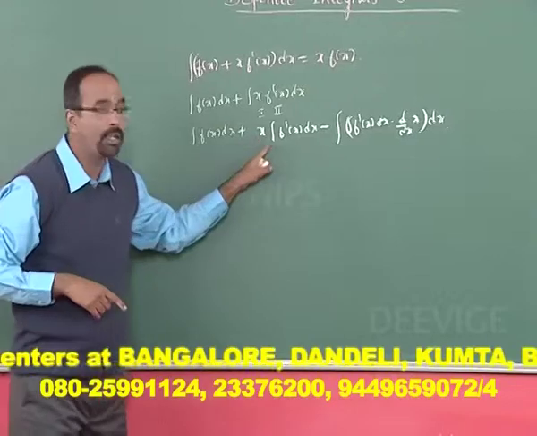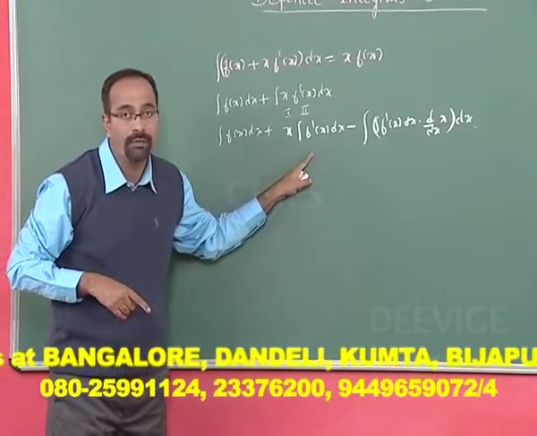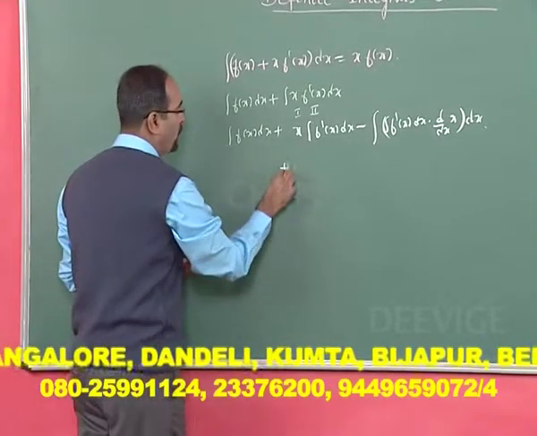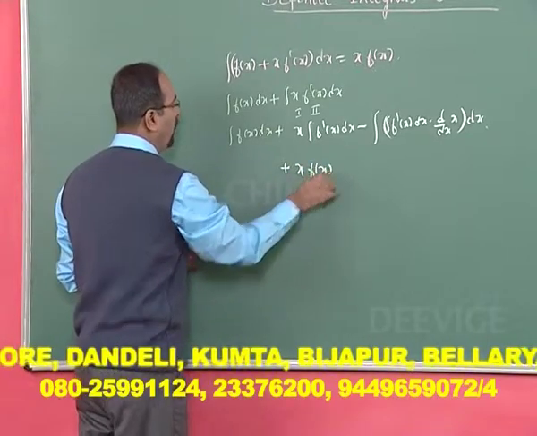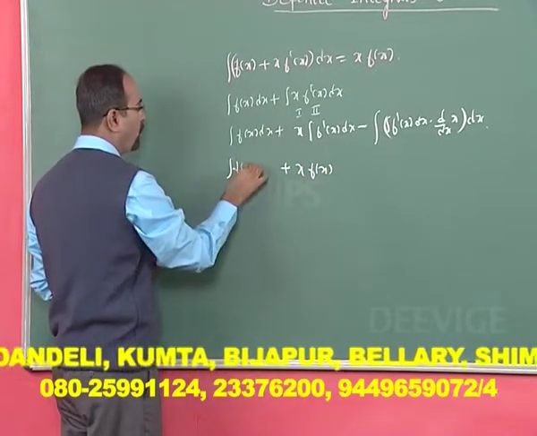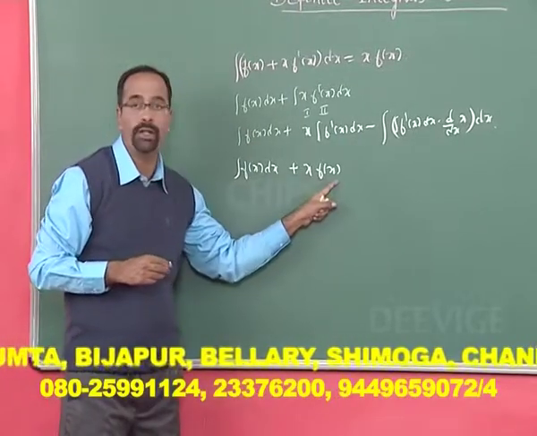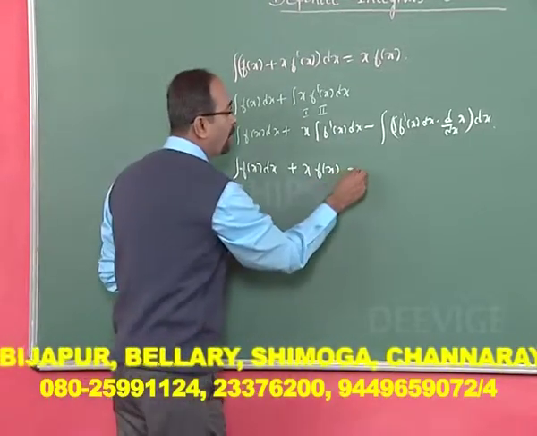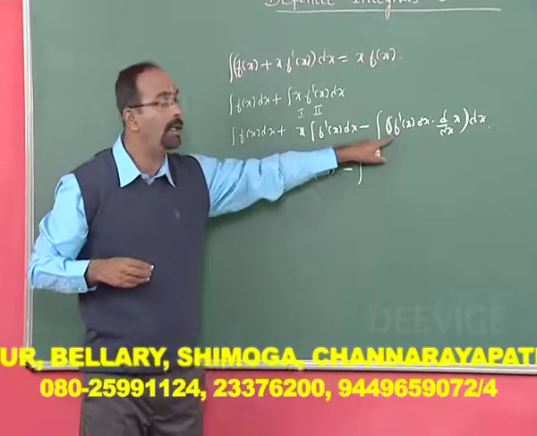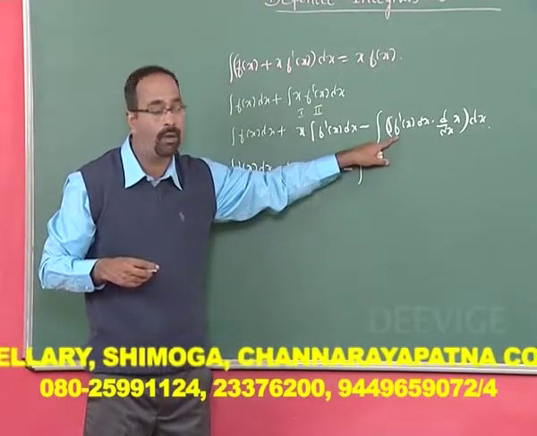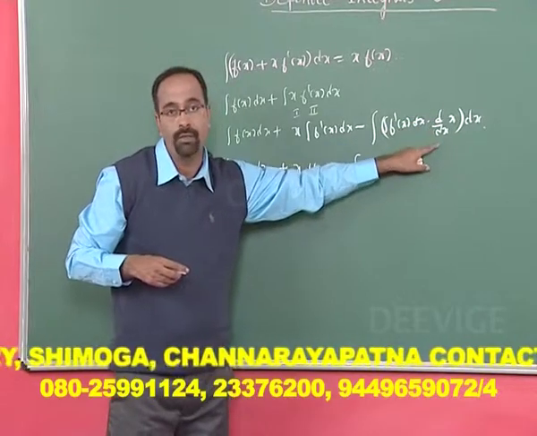Now, x into integral of f dash of x is f of x. So, you will get plus x into f of x, and of course integral of f of x dx will be as it is. Integral of f of x dx plus x into f of x minus integral of f dash of x, that is equal to f of x, d by dx of x is 1.